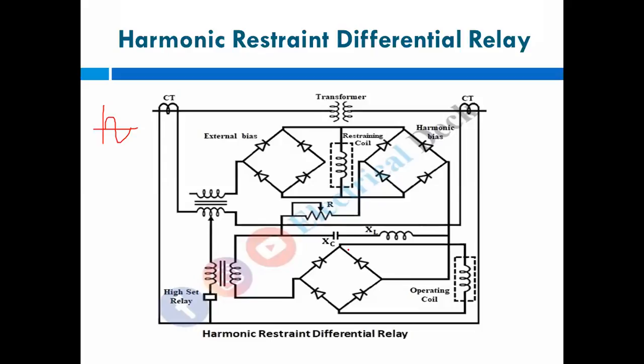And if there are more harmonics, that is third, fifth, seventh order harmonics, those will be resolved by the restraining coil.